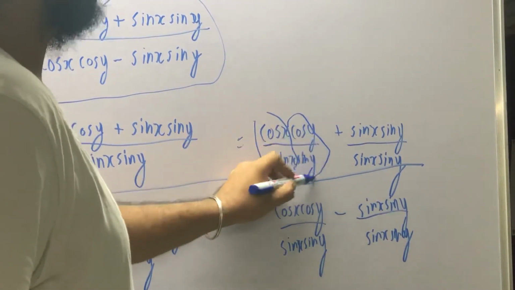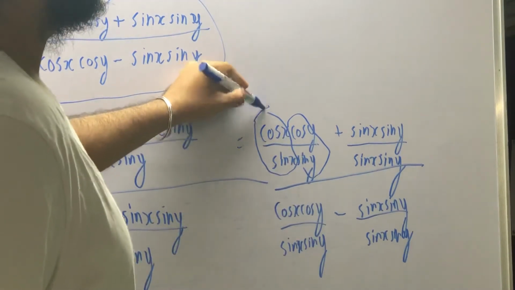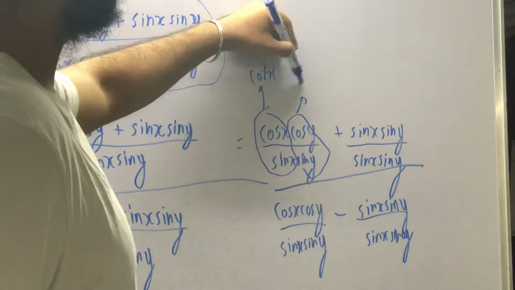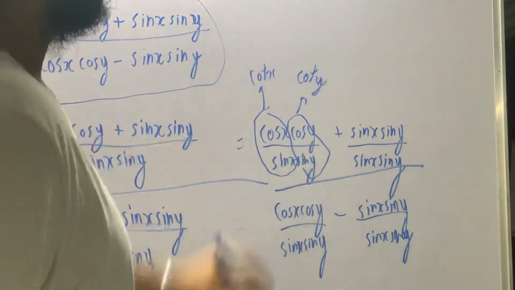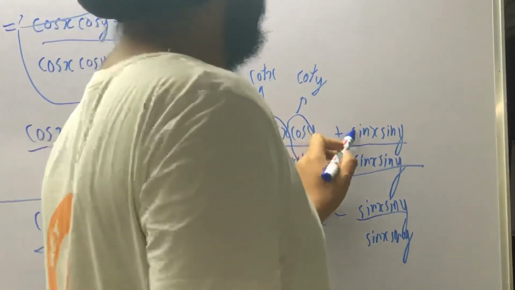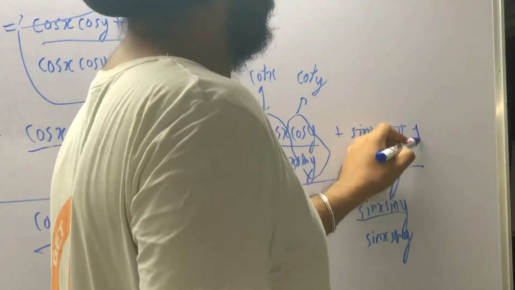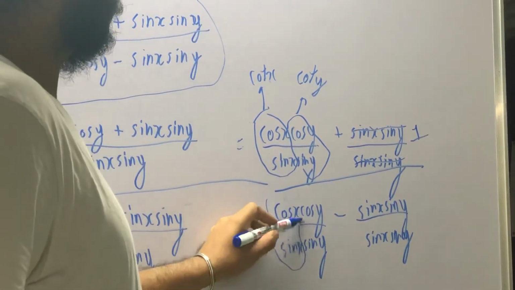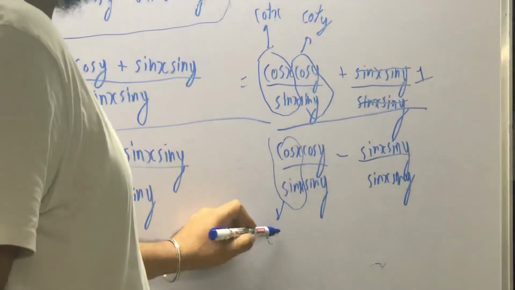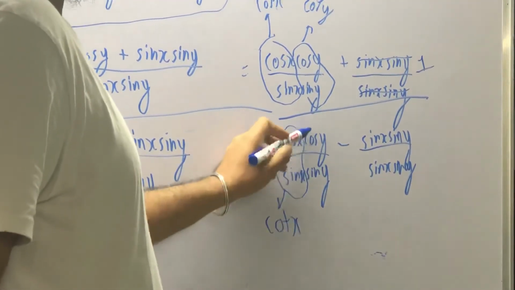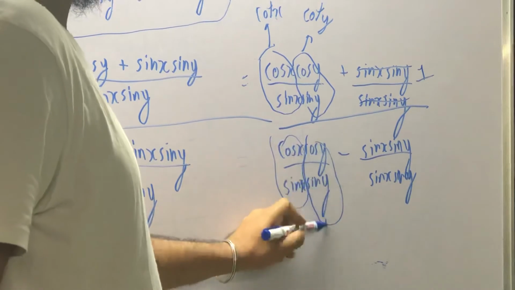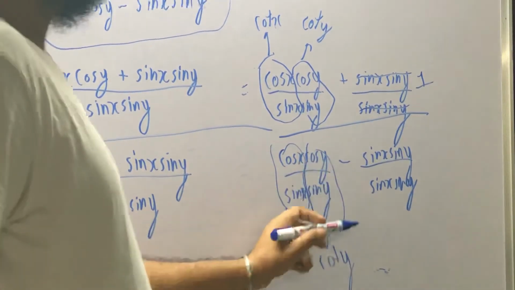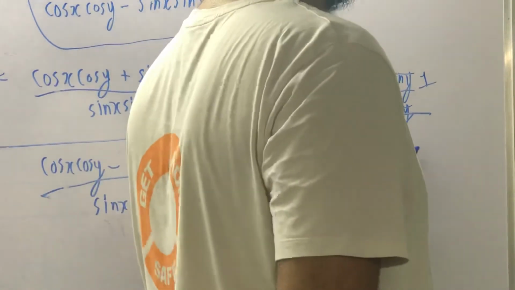Cos y upon sin y, that is cot y. Sin x sin y upon sin x sin y is 1.